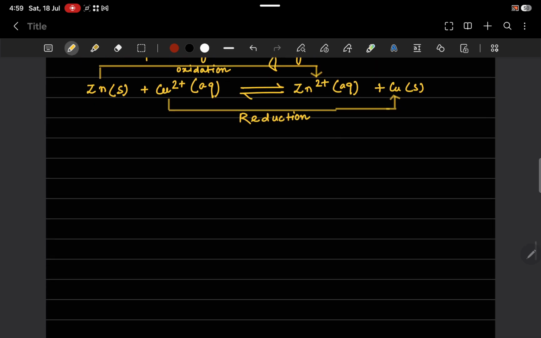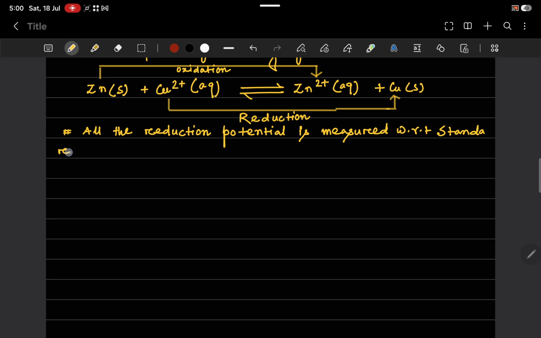Now one thing to note down: all the reduction potentials are measured with respect to the standard hydrogen electrode as the reference electrode.